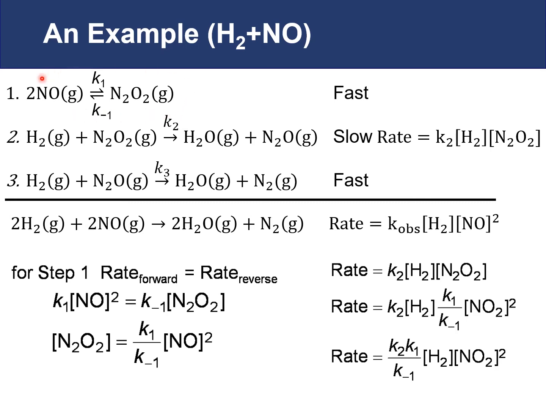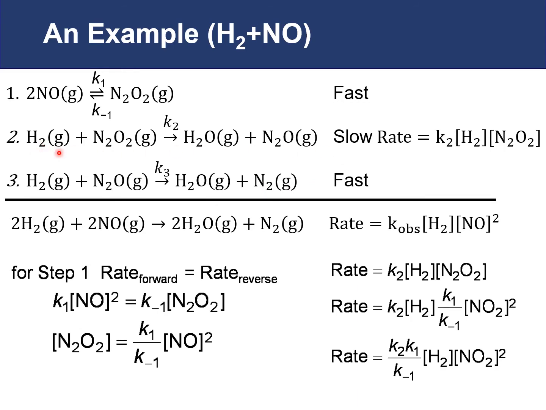This equilibrium, where the rate of the forward reaction is equal to the rate of the reverse, makes it so the two concentrations are fairly steady. The N2O2 then bleeds out, so the concentration slowly dwindles as it reacts with H2 to form water and N2O. The N2O then reacts with another hydrogen to give water and N2.